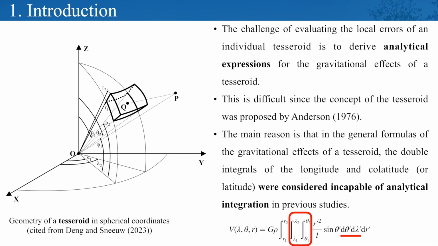The primary reason is that in the general formulas of the gravitational effect of a tesseroid, the double integrals of the longitude and latitude coordinates are considered incapable of analytical integration in previous studies.